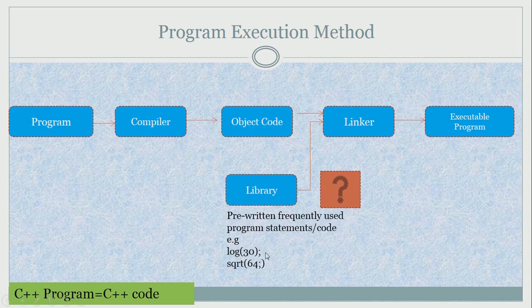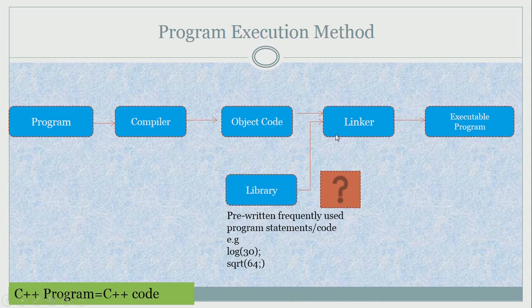We want to calculate the log of a number. So we will not write the whole mathematical procedure to calculate the log of a number in the program. Instead, we will just write the statement log 30 as you can see in the figure and include its header file in the program, and the computer will calculate the log of the number 30. How will it calculate?